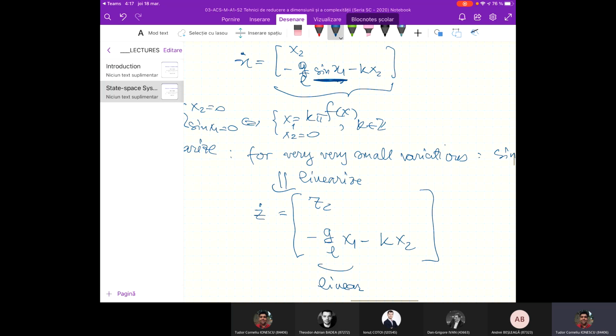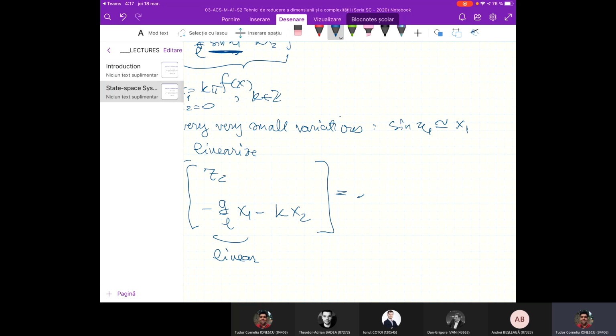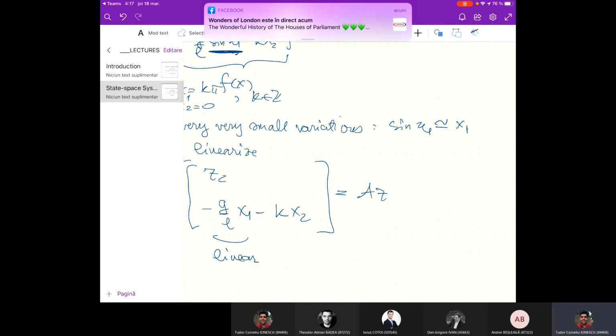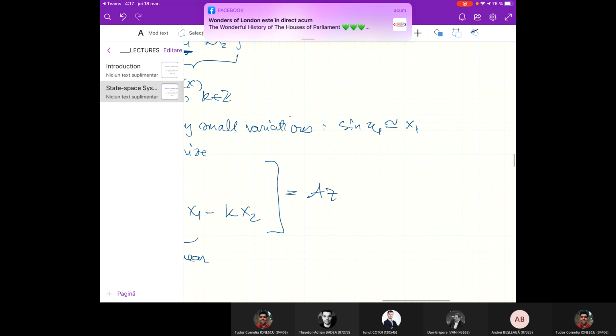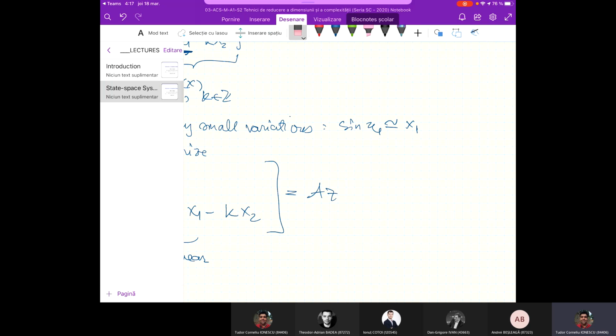If this is linear, then we can write this as Az, because we didn't use u. We can add it later. So what is Az? We can write it as A times z1, z2.